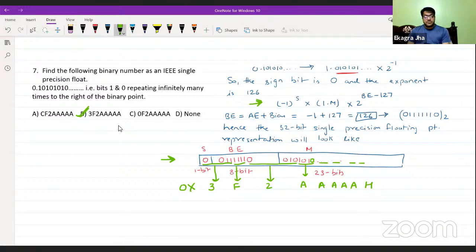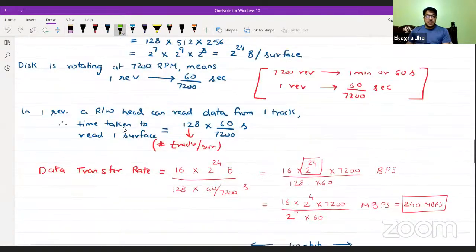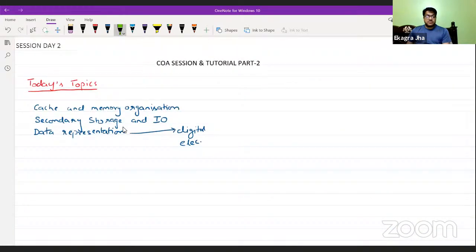Organization and architecture is a very important topic, because in 2020 it already covered 11 marks of weightage, which is usually higher than previous years. In the past years the weightage of architecture and organization was only 5 to 8 marks.